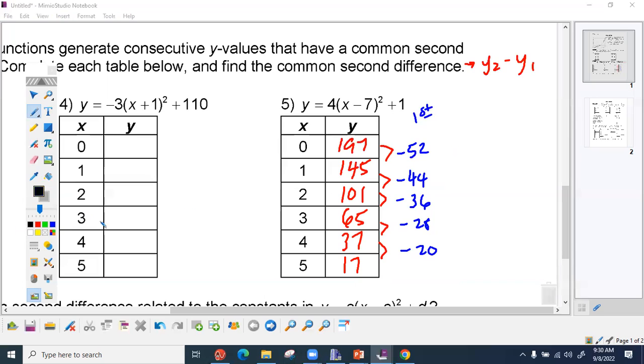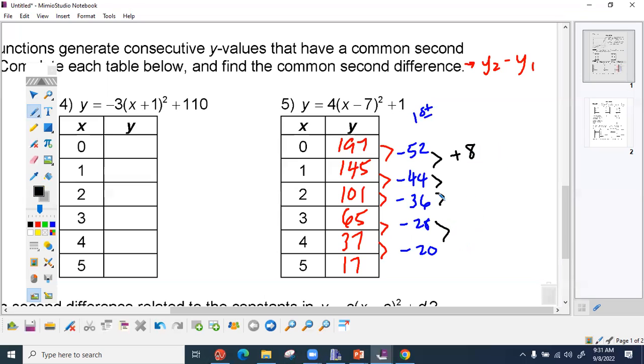Now we're going to find our second common difference. Notice that your negative numbers are getting smaller, right? In order for negative numbers to get smaller, you're adding. So how did I go from negative 52 to negative 44? I add 8.